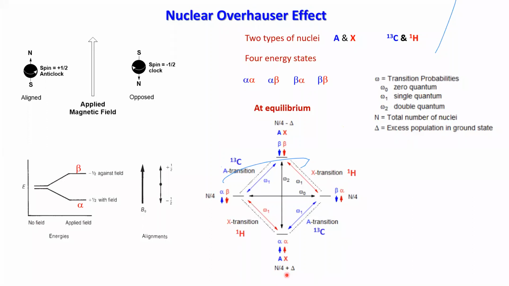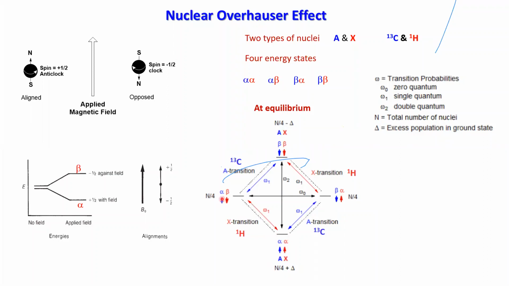So the ground state will have plus del excess nuclei, and the extreme high energy state, beta beta, will have population minus del. Got it? Now if you look at alpha alpha, the overall population is n by 4 plus delta.